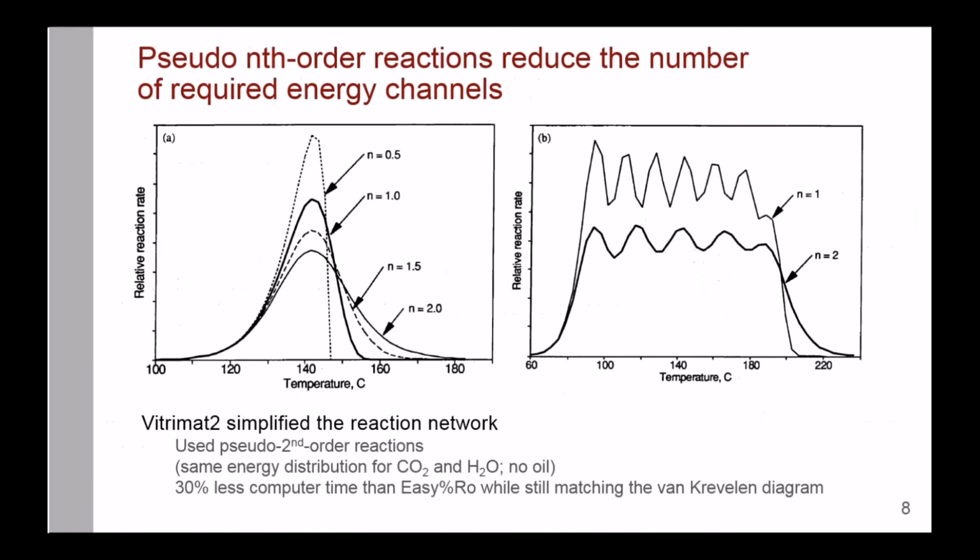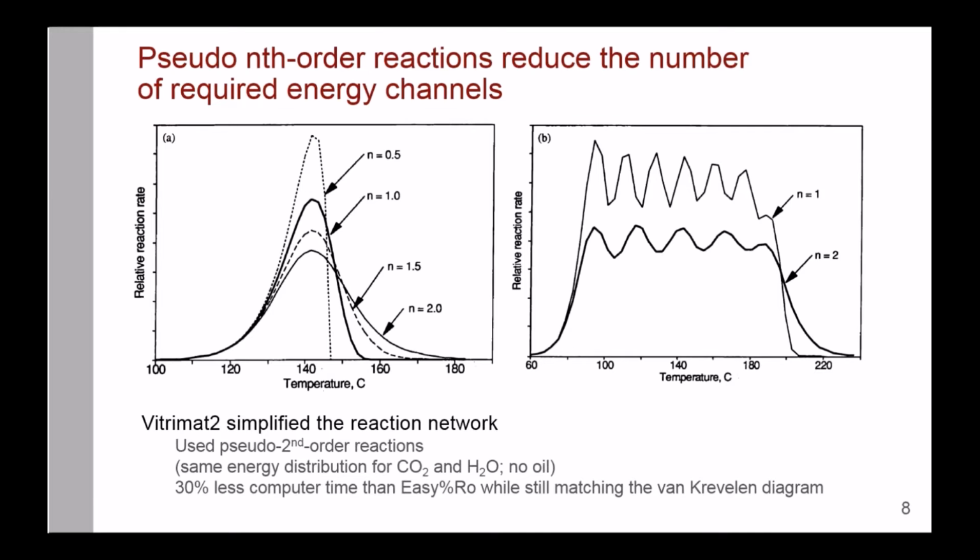Here's a couple of plots showing how you can use an nth order reaction. Again, what the parallel reaction model tries to do is spread the reactivity over a broader range of time temperature conditions. An nth order reaction, as I mentioned, is equivalent to having a gamma distribution of frequency factors. And we're talking not about a true nth order reaction, but a pseudo nth order reaction.